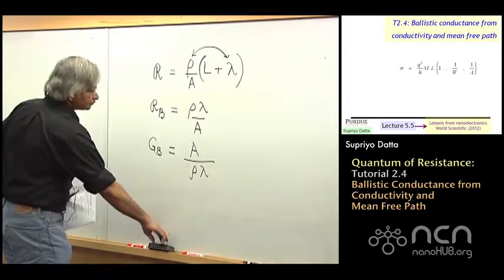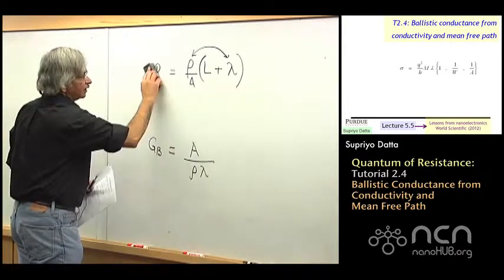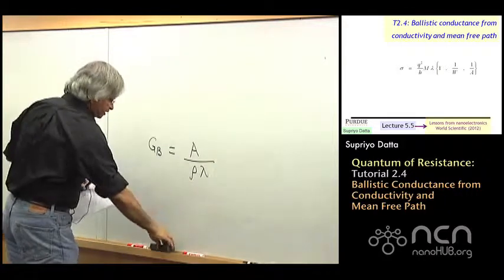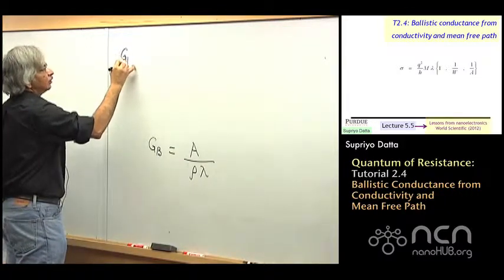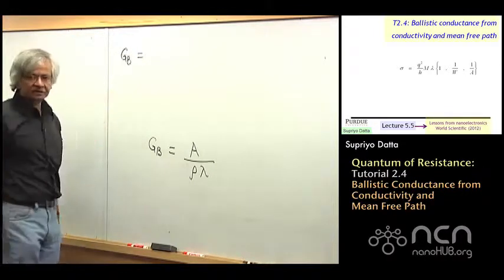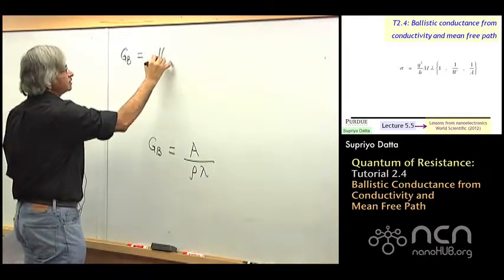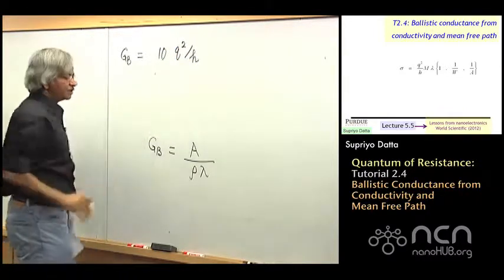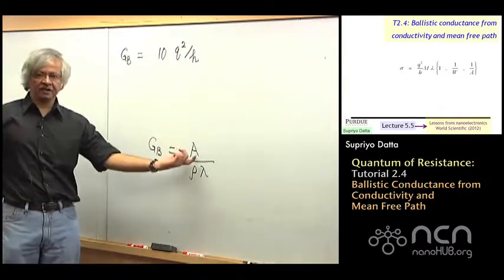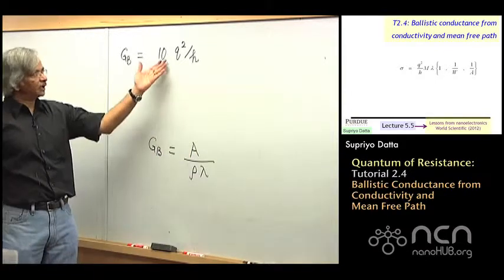So I think what it tells you is that the ballistic conductance of a certain conductor is, say, 10 times q squared over h. The question is, what cross-sectional area do I need to achieve that?